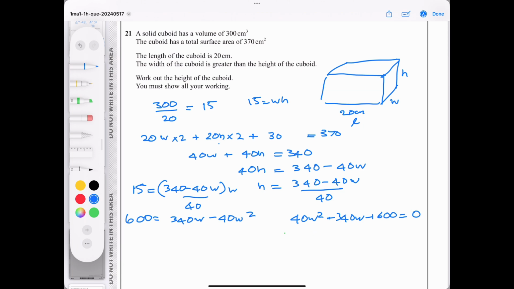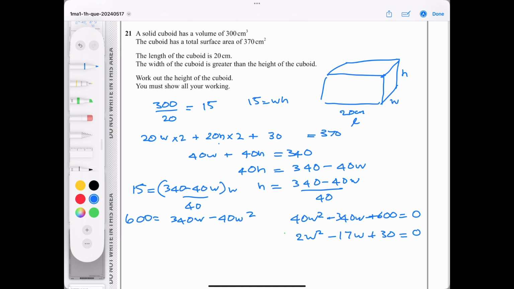I'm not even looking for H at this stage. Now if we divide through by 20, we get 2W squared minus 17W plus, yes it is a plus, 30 equals 0.